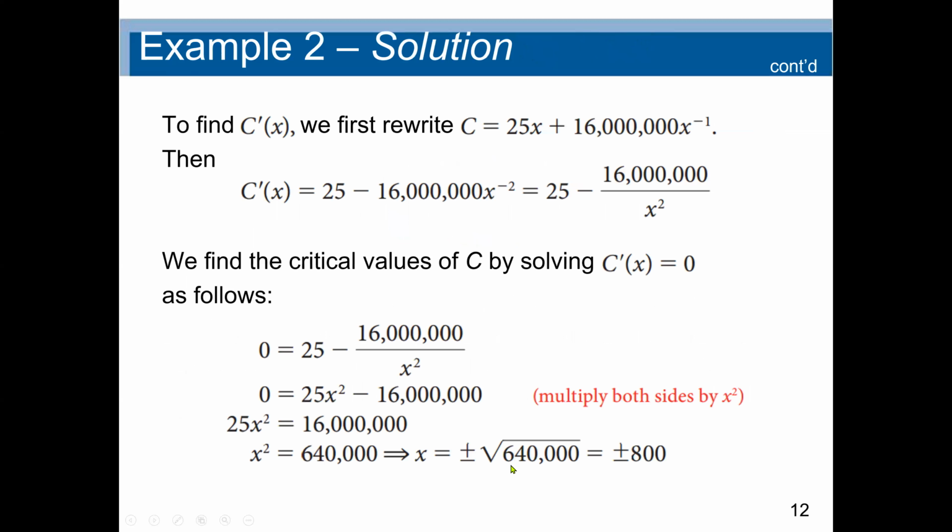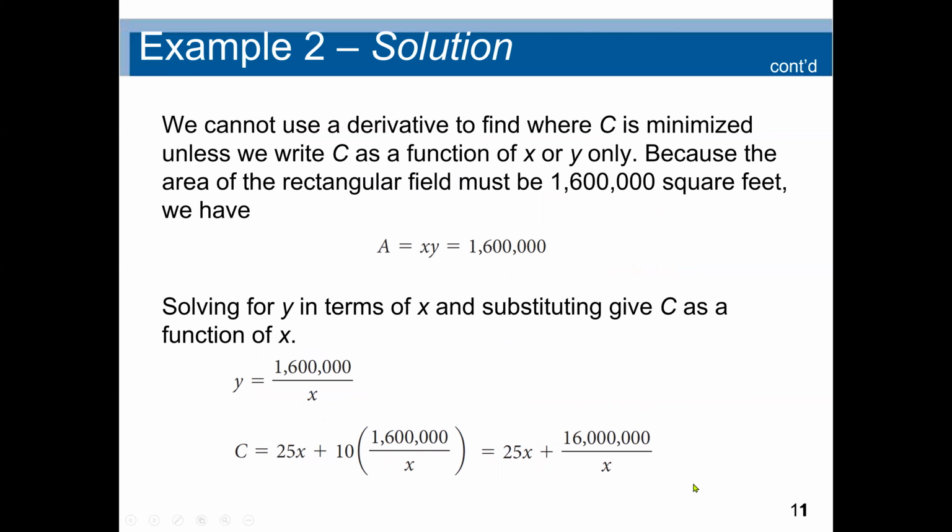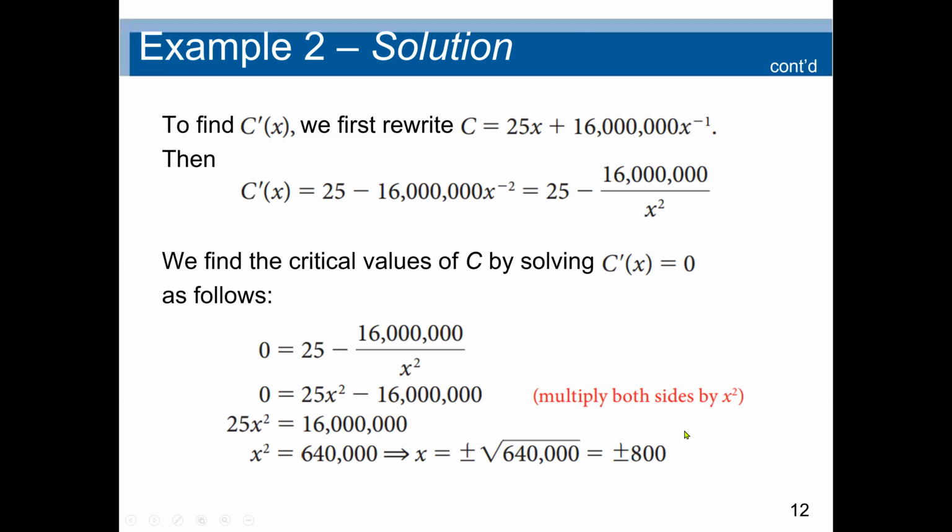Then after that, again, I won't go through this step because the original function is here. We can bring the x to the power -1. That's what we have here. And here we are using addition. So the derivative of 25x will be 25 plus the derivative of this, which will be -1 times, so that will double to -32 million.